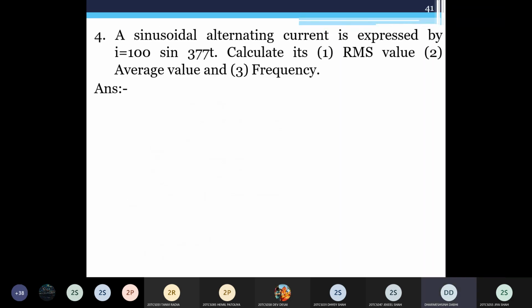Now next example. Write down: a sinusoidal alternating current is expressed by i is equal to 100 sine 377 t. Calculate its RMS value, average value, and frequency.